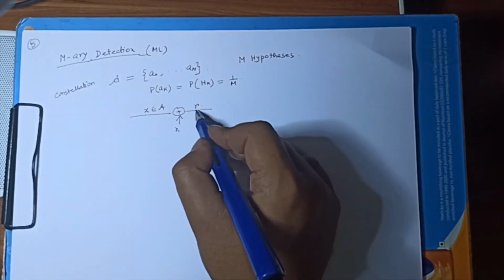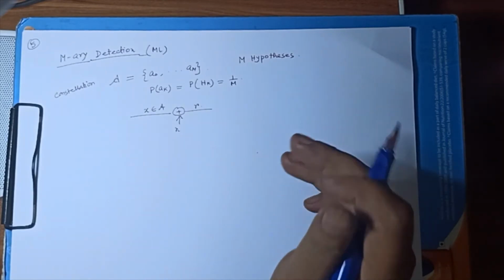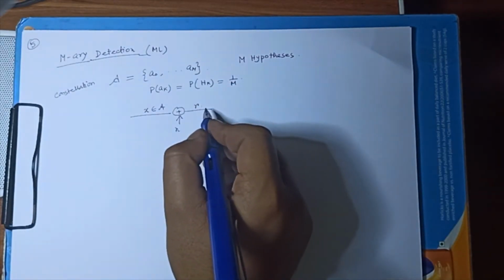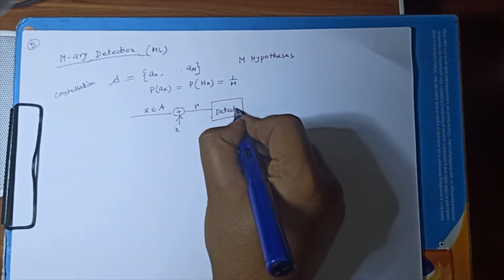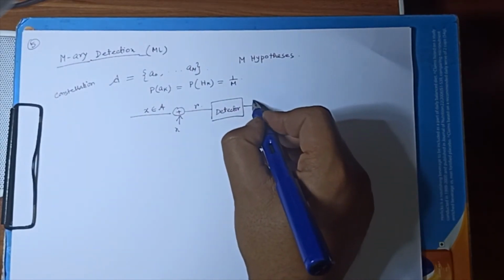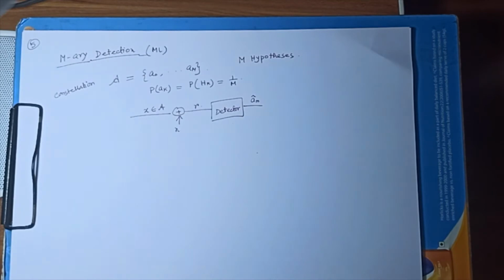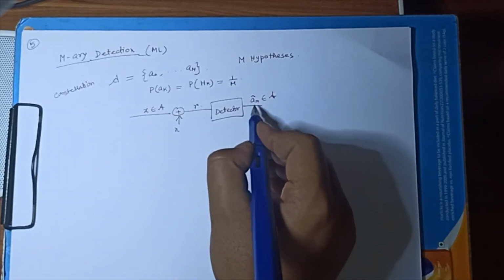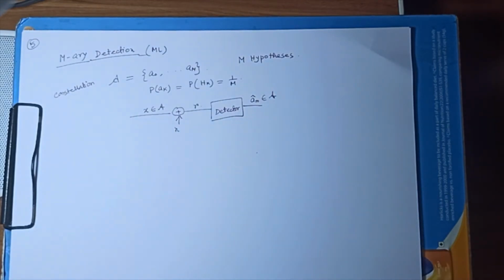Now your job is that based on the R you have to choose which hypothesis. So if you approach maximum a posteriori, you have to compute the maximum of the posterior probability. I am going for only the maximum likelihood. Then, from this R, this is your detector, you have to detect some Am dash, which will be one of the members of the constellation, and I am expecting that this value is exactly the same as the value of the source symbol which has been transmitted.